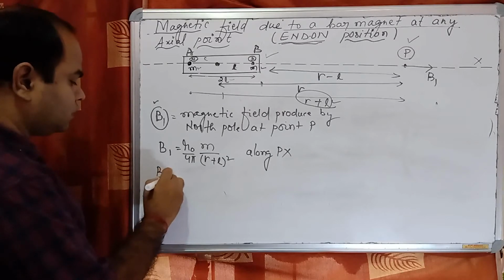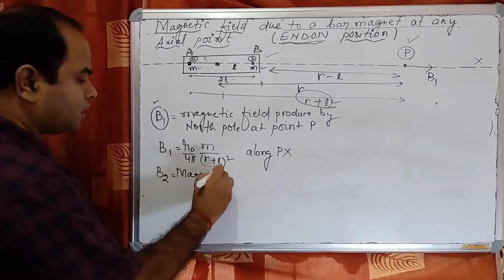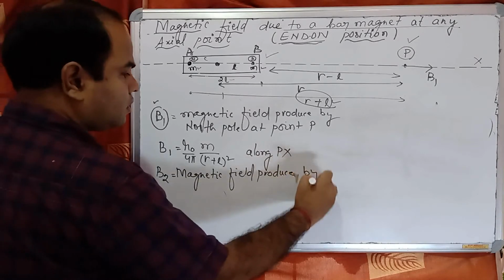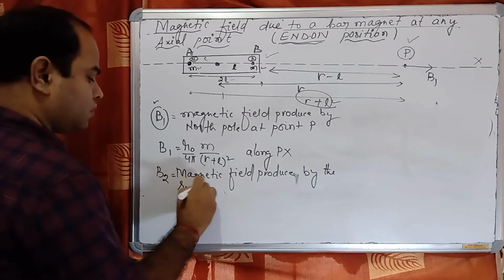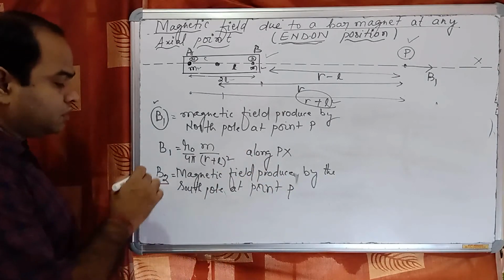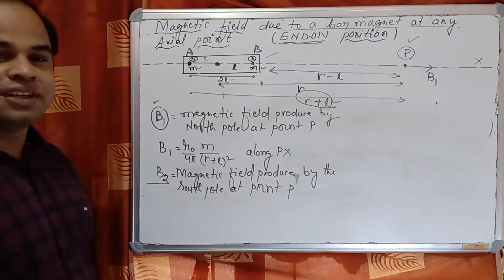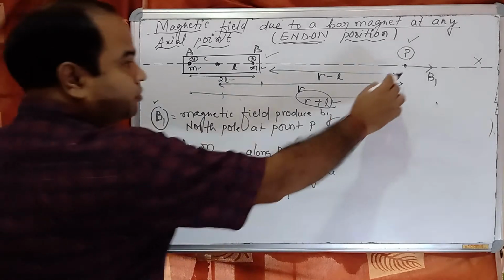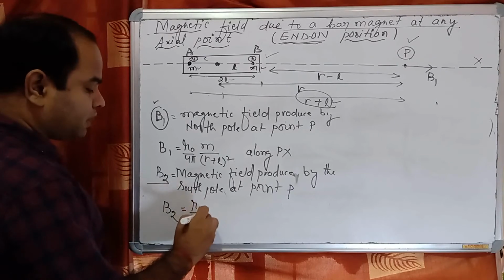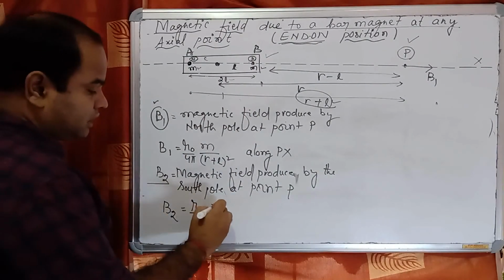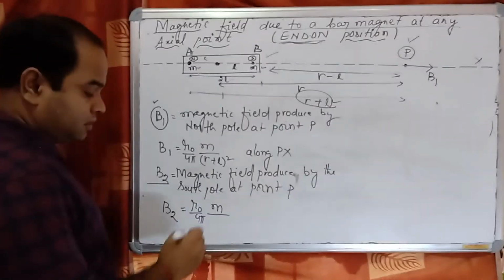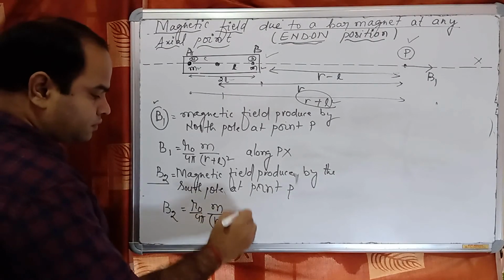Let us say B2 is the magnetic field produced by the south pole at point P. The magnitude of B2 is mu naught by 4 pi, pole strength of the south pole, that is m, over the distance of the south pole from the point P, that is r minus l, the whole square.